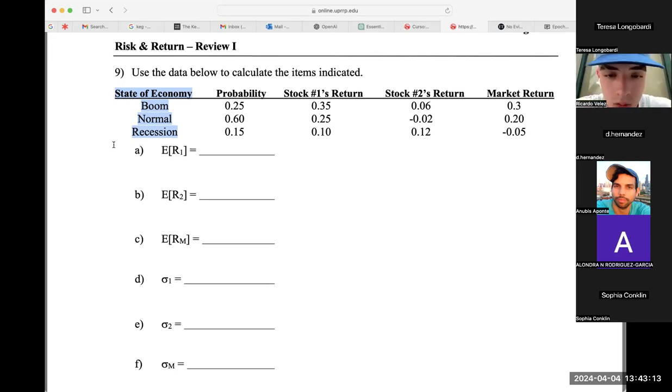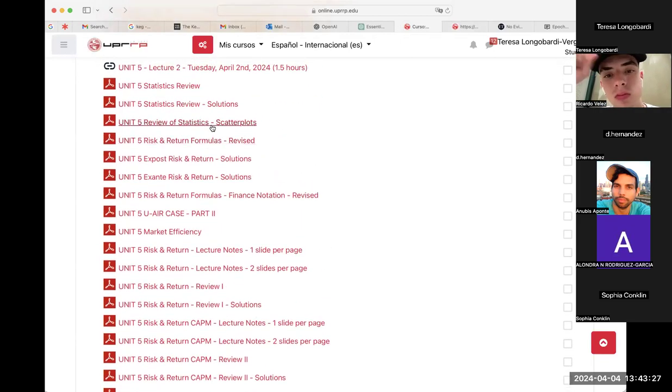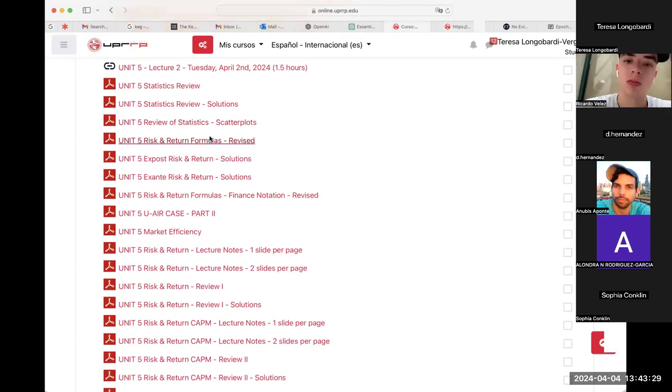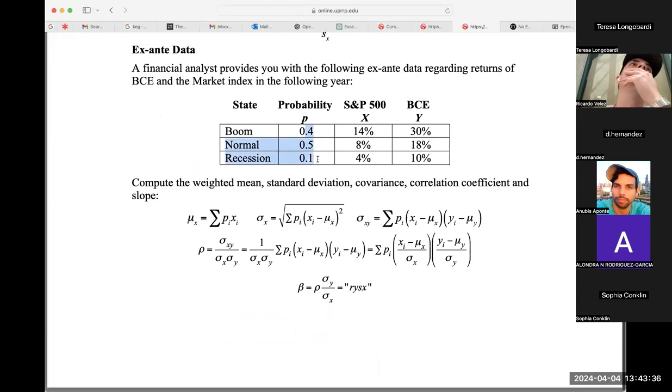Ex ante, right? Ex ante data. The ones with probabilities in them, I refer to as ex ante data. So you're going to use the formula from this document, these formulas here, down here, because the data has the P's in it, okay? So that's what you're calculating.